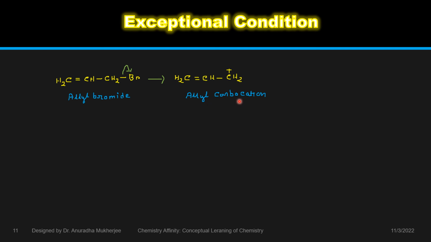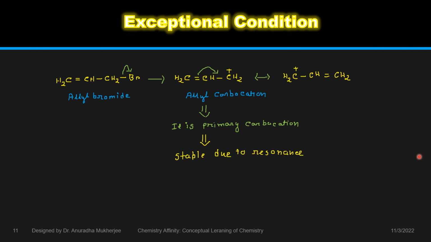This is called allyl carbocation, but again this carbocation is a primary carbocation. But this primary carbocation is stable due to resonance. So that's why allyl carbocation undergoes reaction via SN1 mechanism.